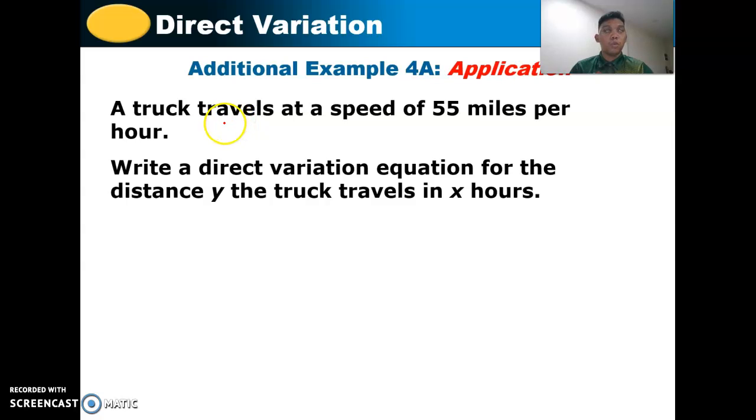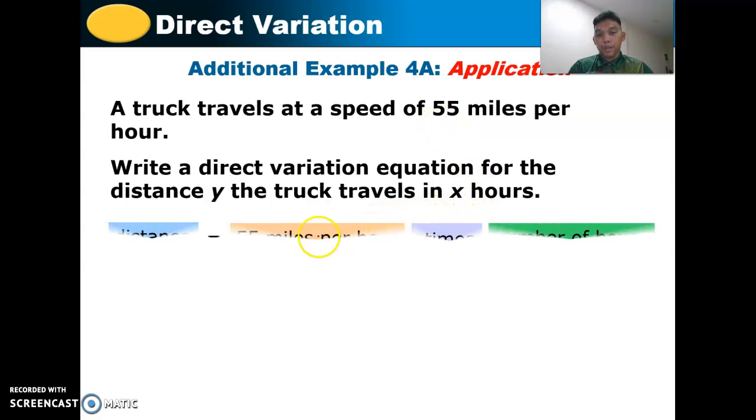Because when you go faster, you can travel a greater distance. Here it refers to the distance y the truck travels in hours. It's still a direct variation, because if you are traveling at a constant 55 miles per hour, on average you will reach a very far distance.